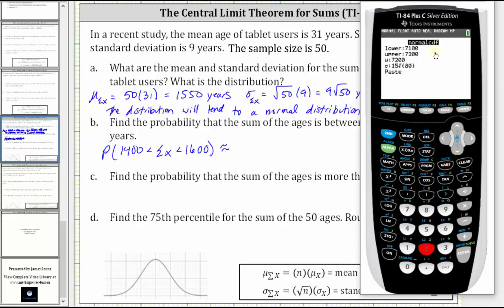The lower bound in this case is going to be 1,400, enter. The upper bound is 1,600, enter. The mean is the mean of the sums, which is 1,550, enter. And sigma is the standard deviation of the sums, which is 9 square root 50.